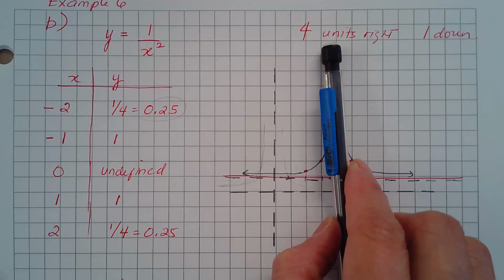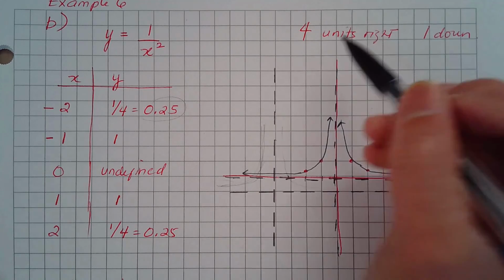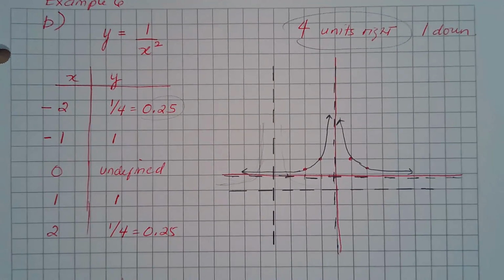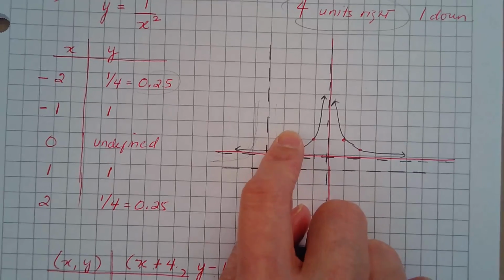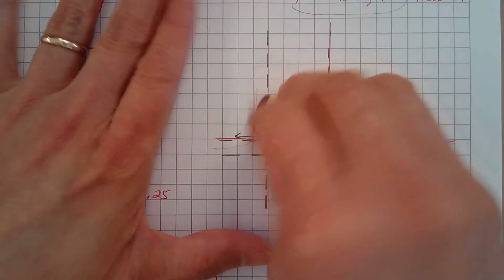Oh, what did I just not do? 4 units to the right. Okay, back up. I did 4 units to the left. Okay, let's fix that. Now I can see what my calculation is that's not matching with the graph. They have to match, right?